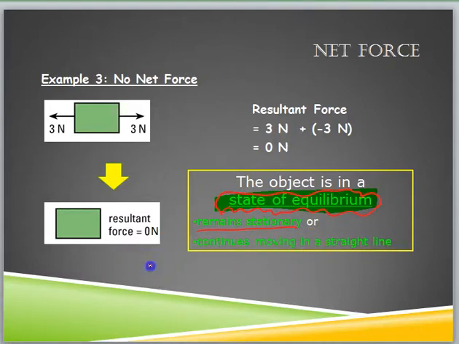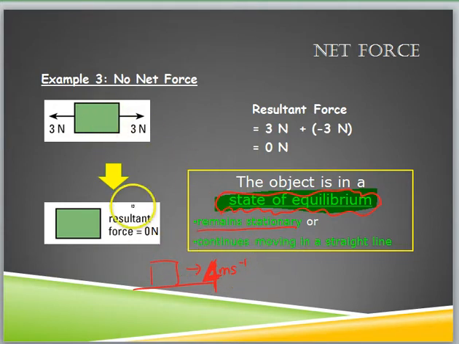So for example, if my box is moving in this direction at 4 meters per second, I add a force 3 Newton forward.